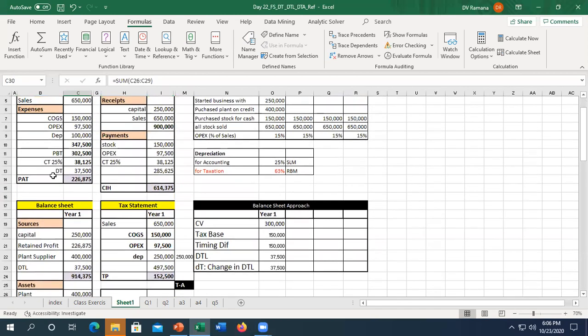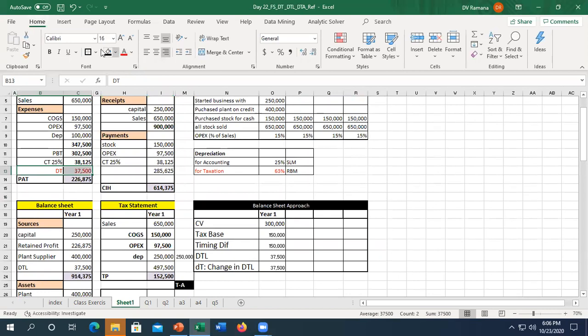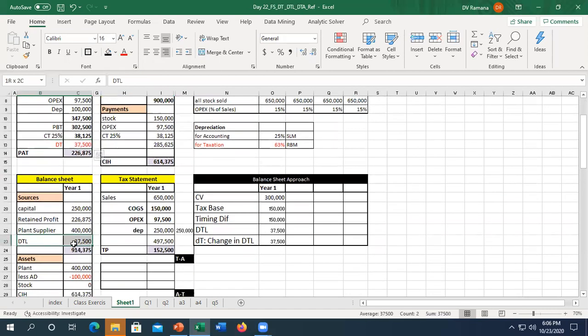But the focus of this particular exercise is the deferred tax liability and deferred tax. The deferred tax liability is actually arising because of the timing difference.